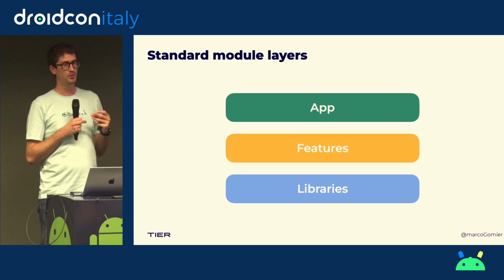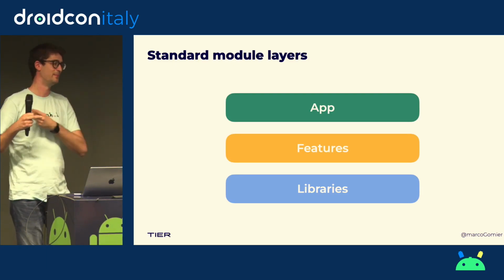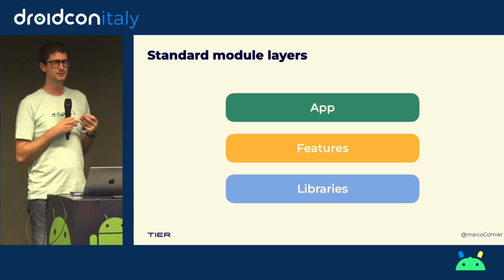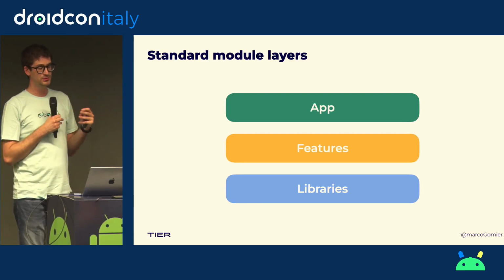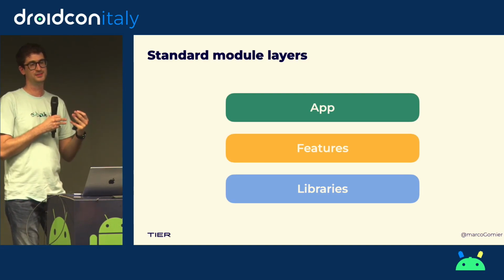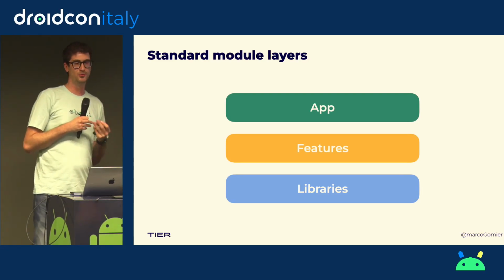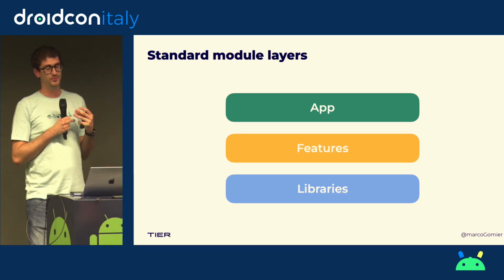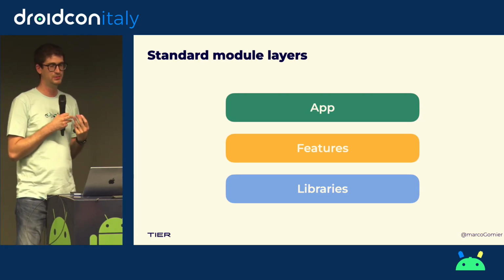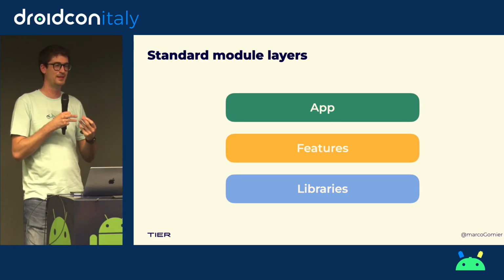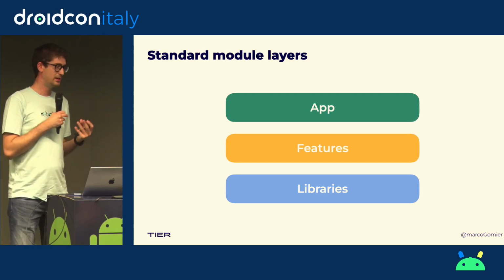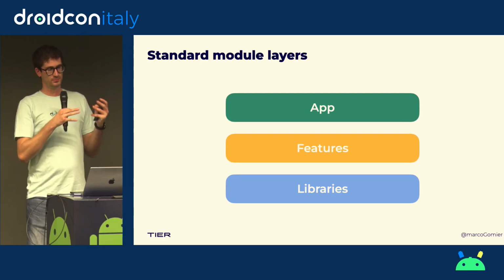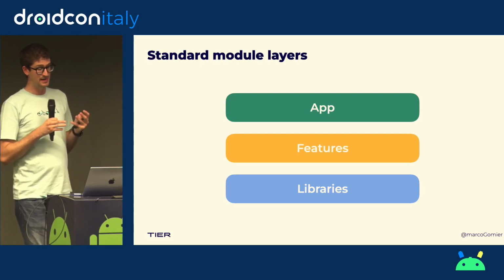The first one, on the top, is the application, where there's the application module, where you initialize stuff and do those kinds of things. Then there's usually a features layer, where you have modules that contain features. So, for example, your home screen, your settings screen, and stuff like that. And at the end, there is a layer of libraries, where there's reusable pieces of code that can be described as a library. So, for example, logging, networking, analytics, stuff like that. So this is the general concept.